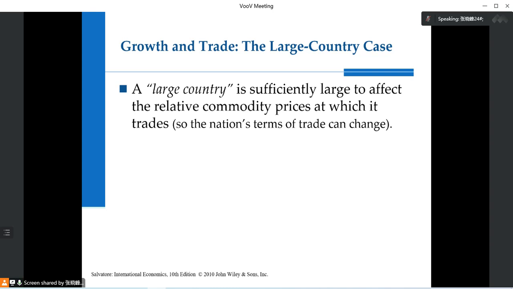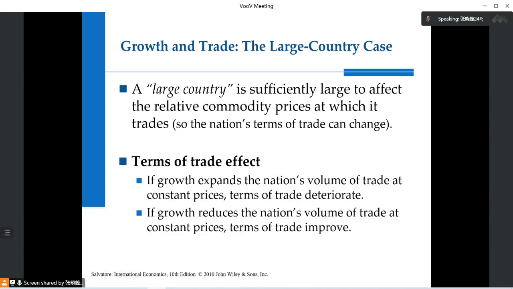It is the one big enough to affect the relative commodity prices at which it trades. So the nation's terms of trade can change. Terms of trade effect.